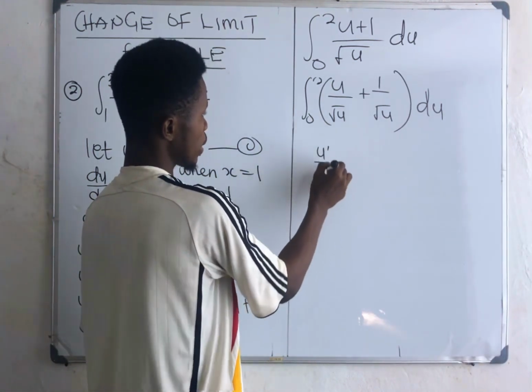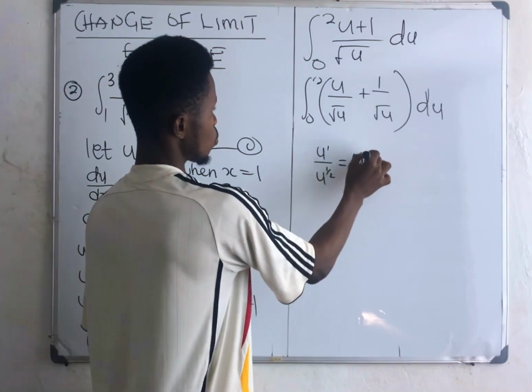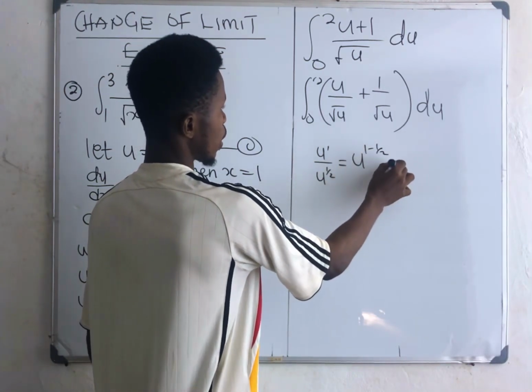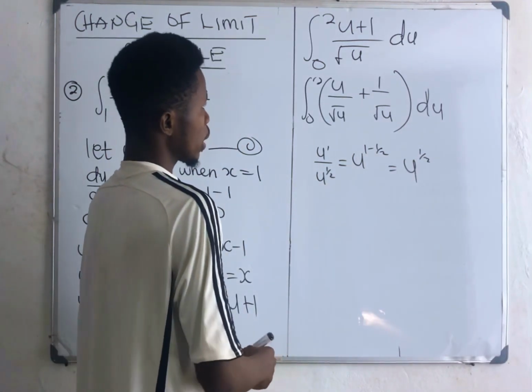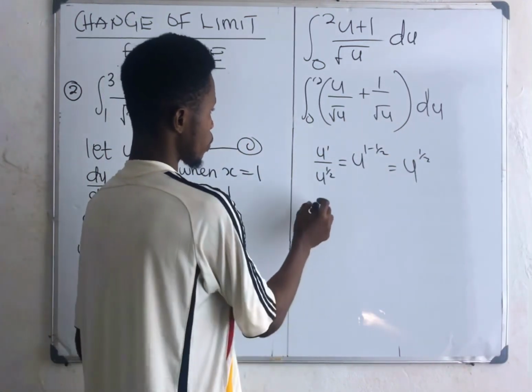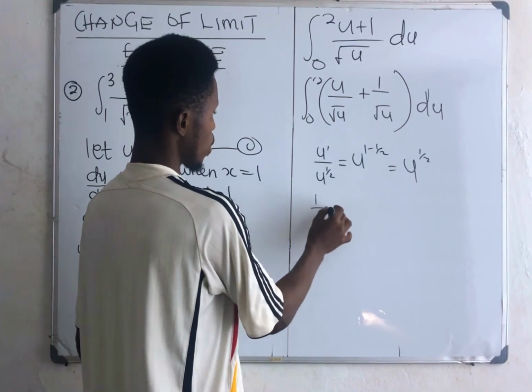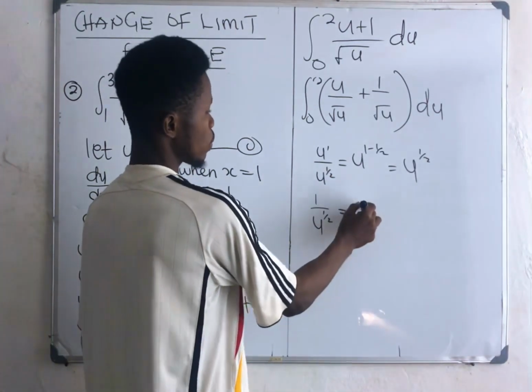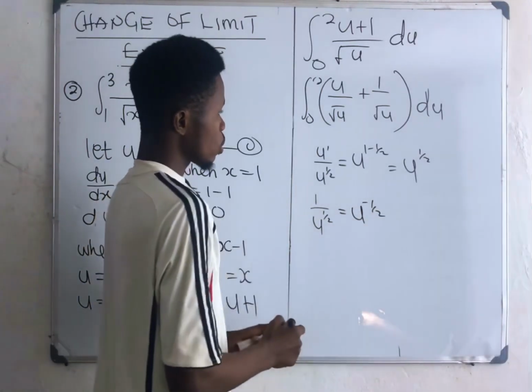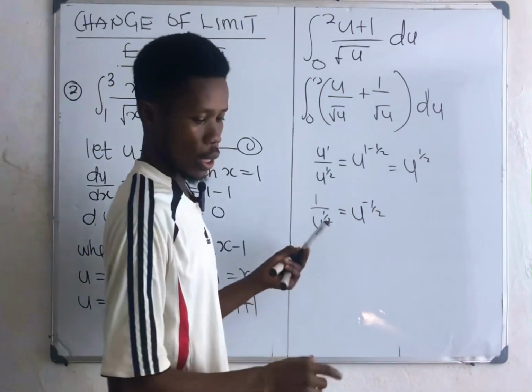Per indices, this can be written as u to the power 1 minus half, and this gives us u to the power half. Is that okay? And let's also look at the second one. The second one is 1 over u to the power half. So per indices, this gives u to the power negative half. So these are the two things that we are going to get.